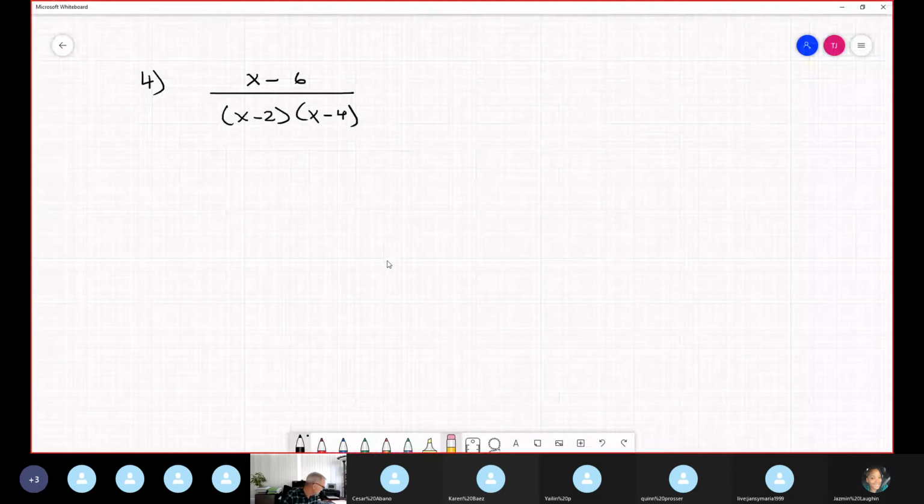And the question say, write the partial fraction decomposition of fraction expression. Okay. Remember, in this case, we have non-repeated linear factor. So you separate x minus 2, it doesn't matter the order, x minus 4. And you call A and B.